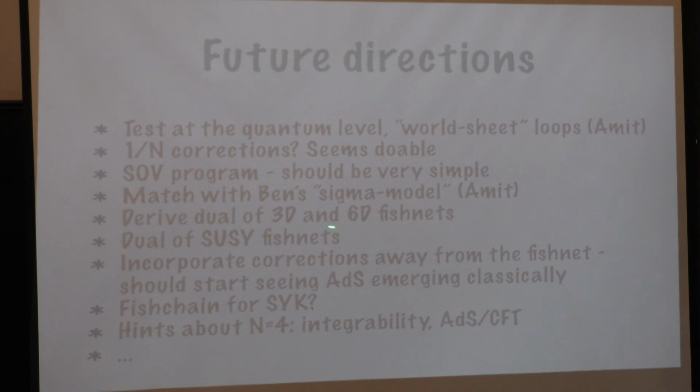Then there are versions of this fishnet in 3D and 6D, so it would also be interesting to repeat the derivation. It's not totally obvious how to do it. And Volodya will speak about the QFT side of this.